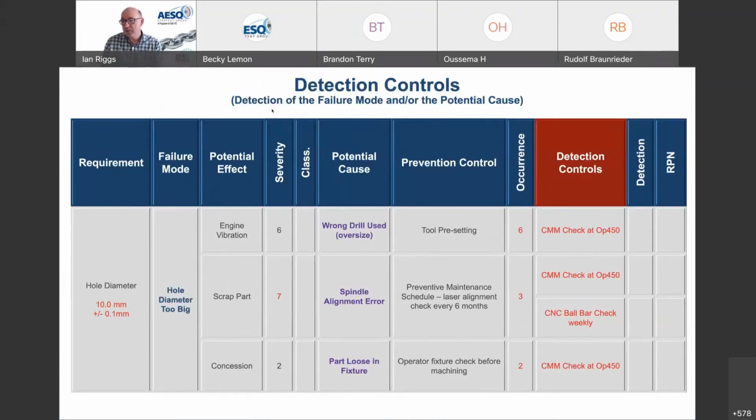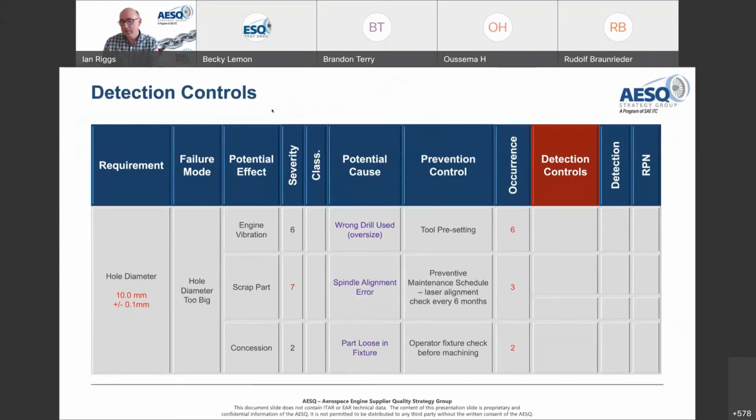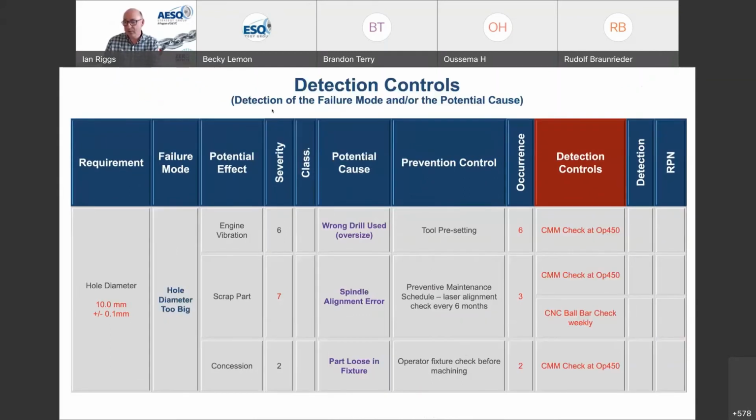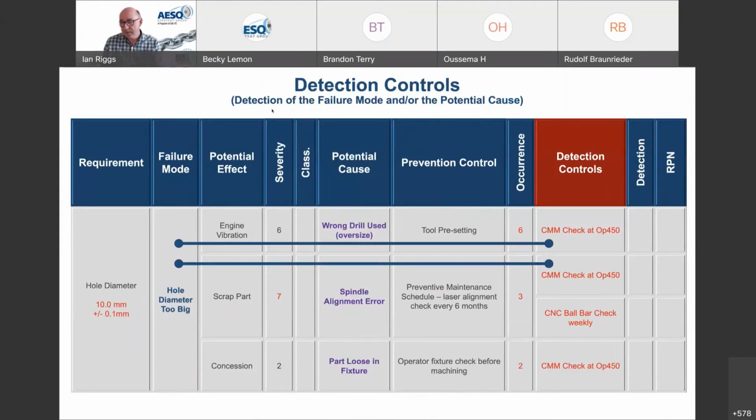Detection is quite simple. So a detection control is linked to either the failure mode, or it could be linked to the potential cause.